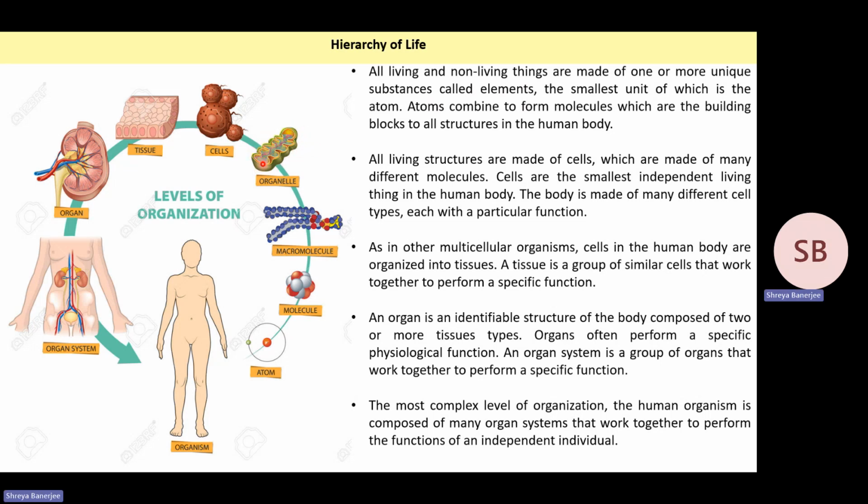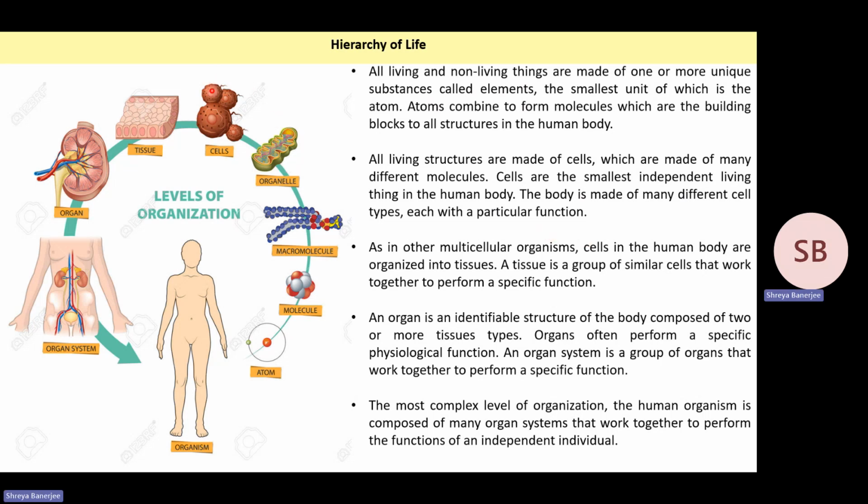Organelles, as you know, can be of different types, like ribosomes, Golgi body, and so on. The different organelles come together to form a cell. The cell is the smallest independent living thing in the human body. And the body is made up of many different cells, each with a particular function.